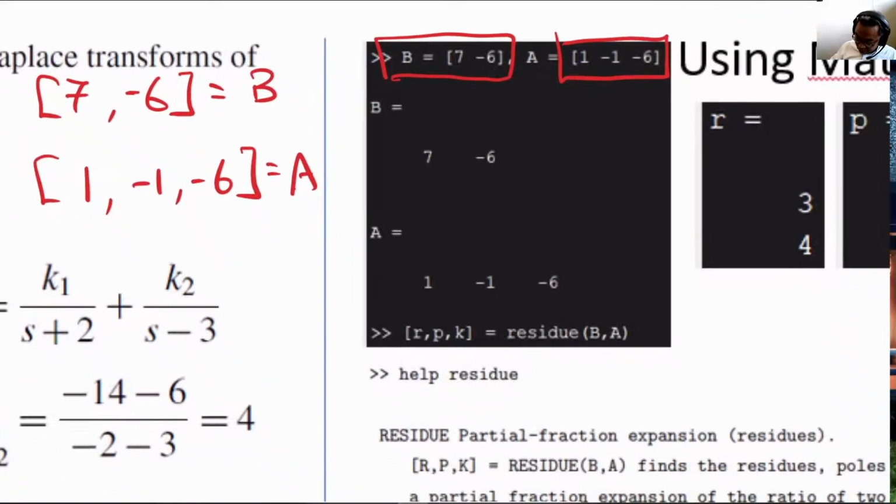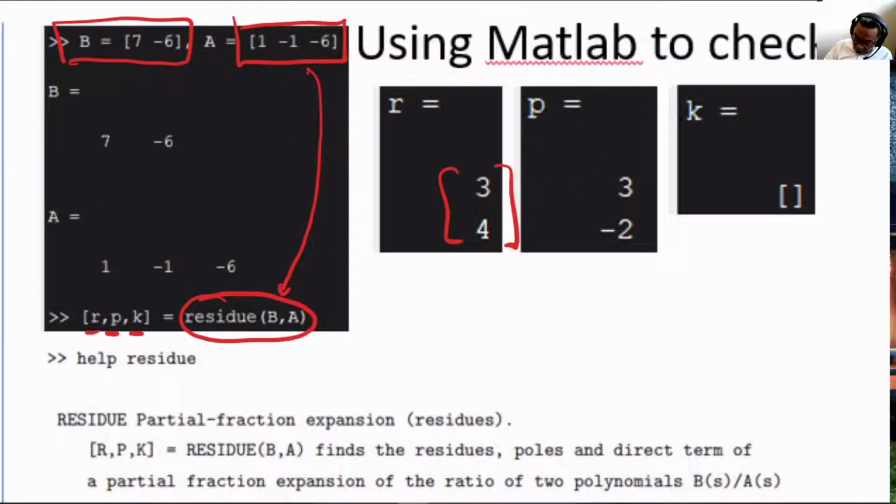We then call this function with B and A. It's called residue, and we get 3 variables out: R, P, and K. R is a vector with 2 elements. This is called R1 because MATLAB uses index starting from 1.